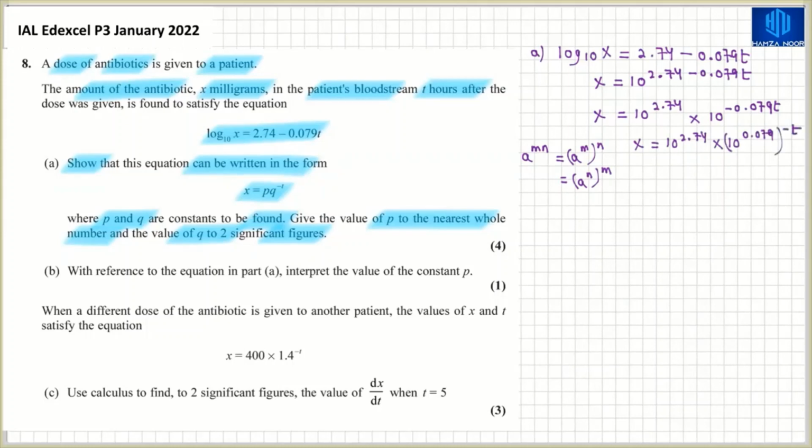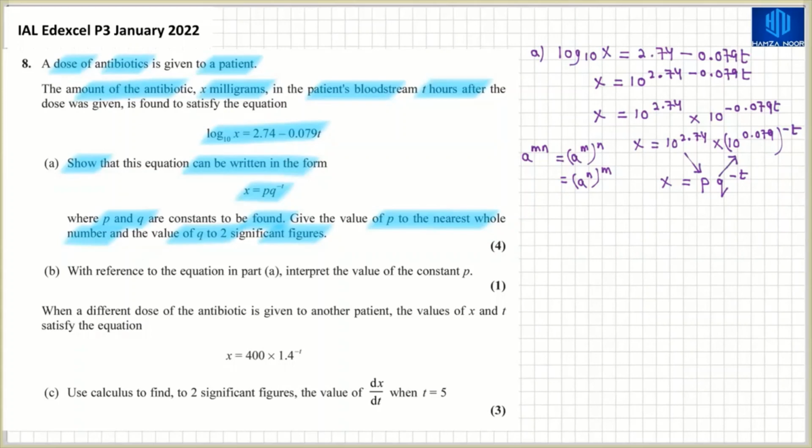As you already know, we want our equation in this form: x equals p multiplied by q raised to the power minus t. So if we make a comparison of the terms, p is equivalent to 10 raised to the power 2.74 and q is equivalent to 10 raised to the power 0.079.